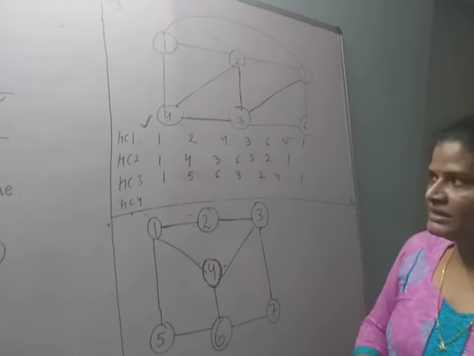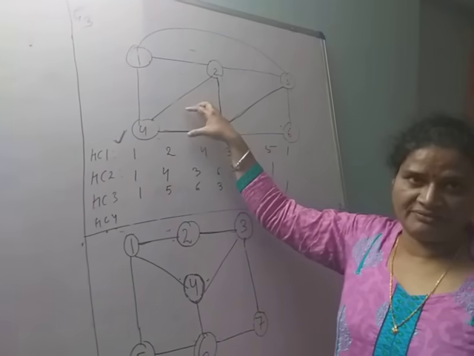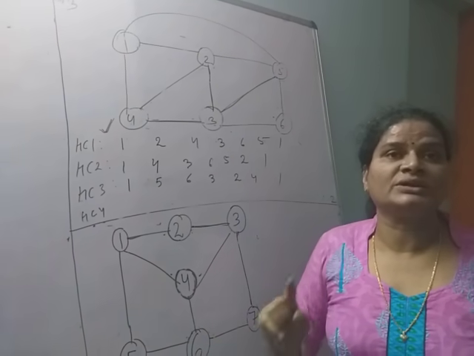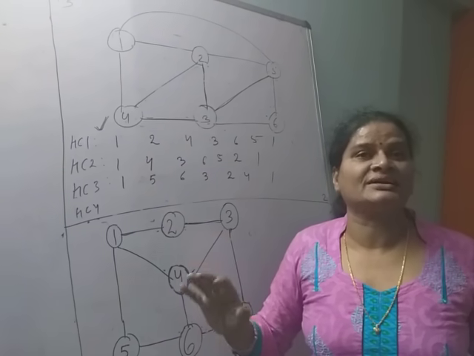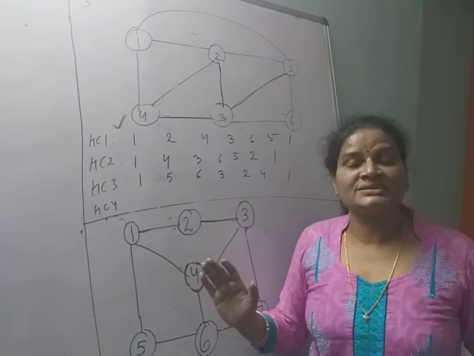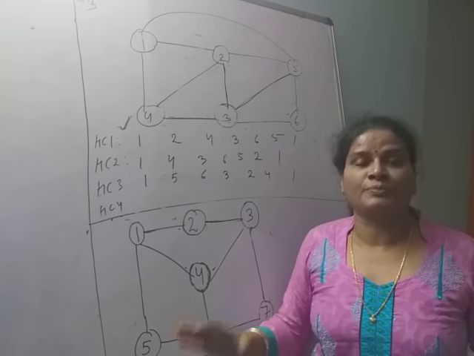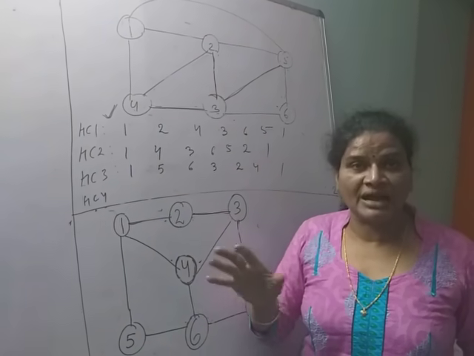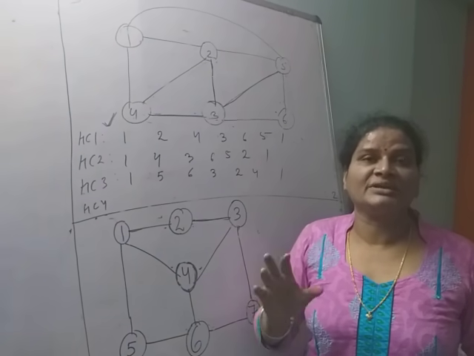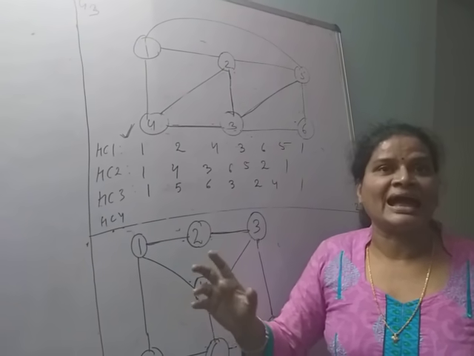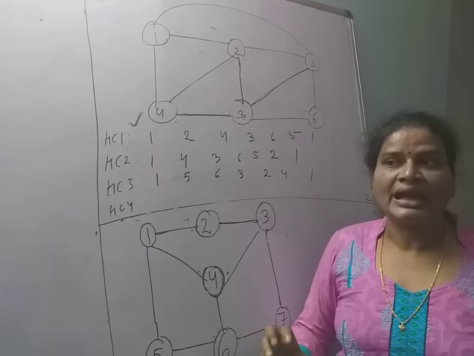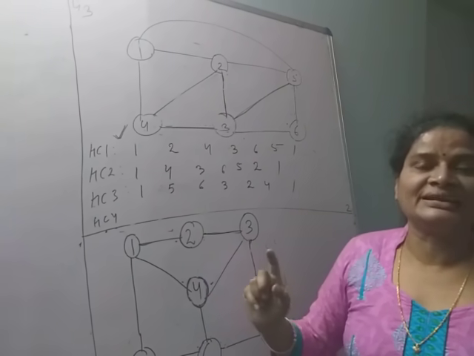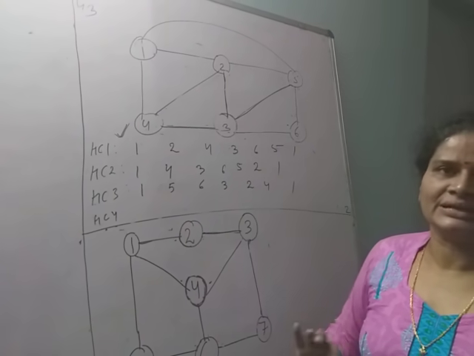For a given graph, the first thing is whether a Hamiltonian cycle exists in the graph or not. It is an NP-hard problem, a very hard problem, to check whether a given graph contains a Hamiltonian cycle or not. And the graph which contains a Hamiltonian cycle is called a Hamiltonian graph.